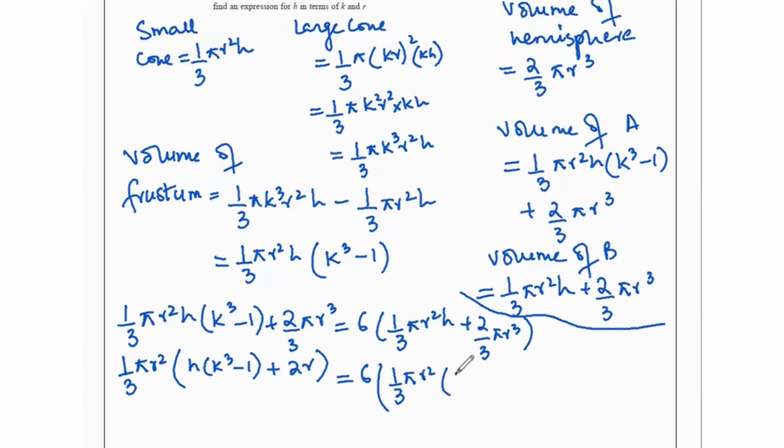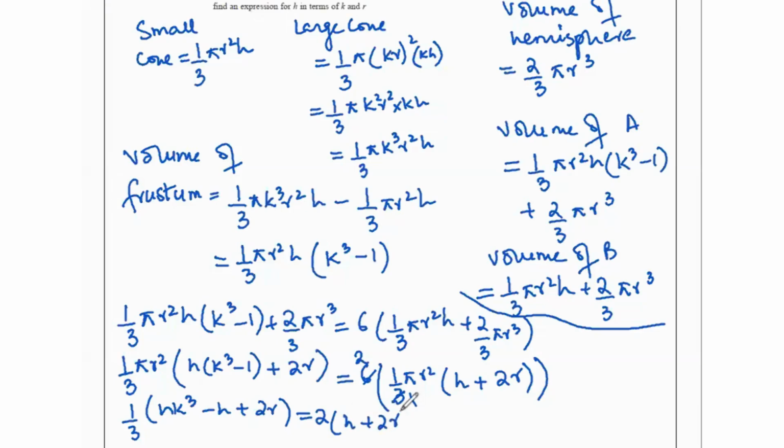So that leaves us with h plus 2r. 6 divided by 3 is 2. We can cancel out the pi r squared on both sides. So it's 1 over 3 times h k cubed minus h plus 2r equals 2 times h plus 2r.